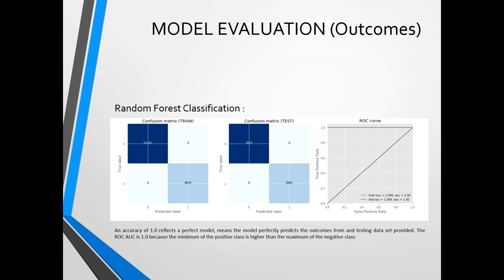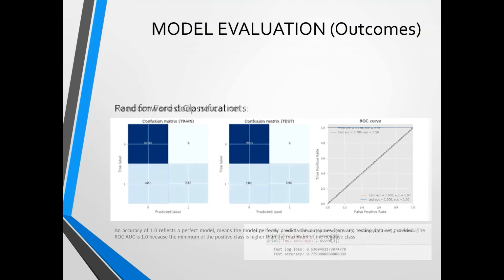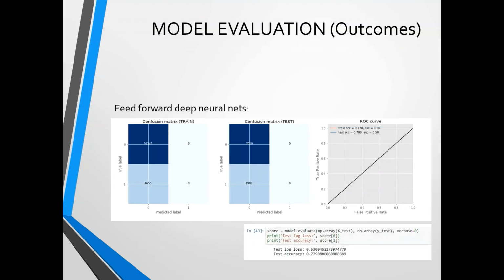The ROC and the area under curve is 1 because the minimum of the positive class is higher than the maximum of the negative class in terms of random forest classification. It may also be a case where the model is overfitting and we should be looking at overfitting. Third, we have feed-forward deep neural nets, wherein the model gives us a test accuracy of 78% and an area under curve of 50%.